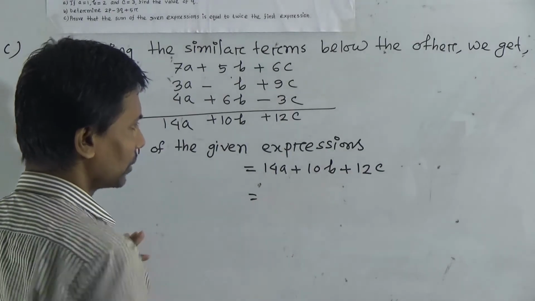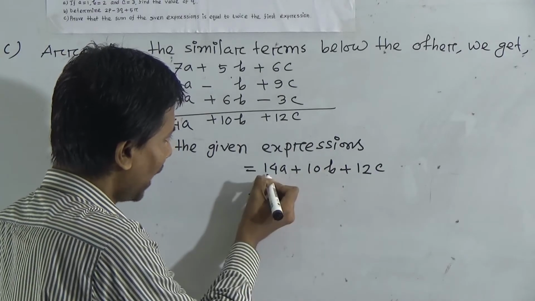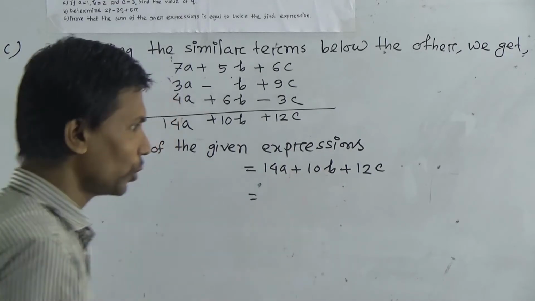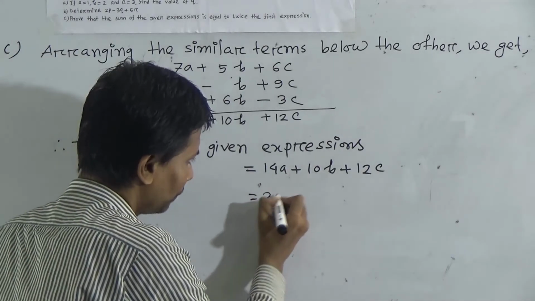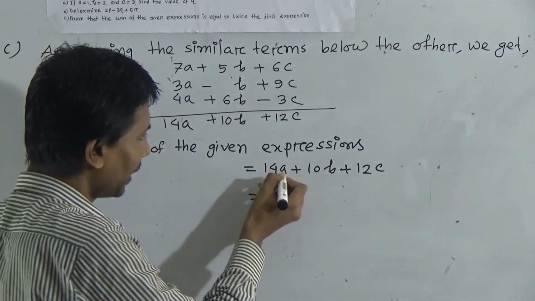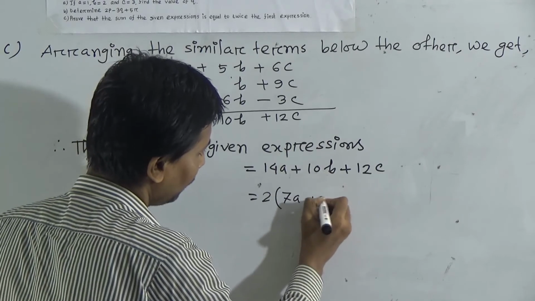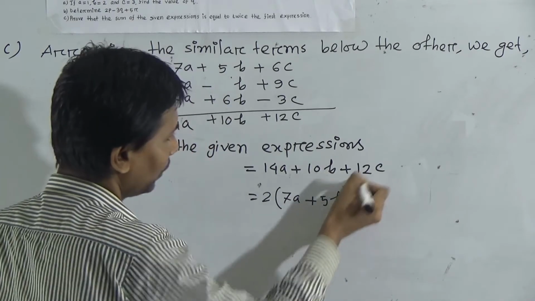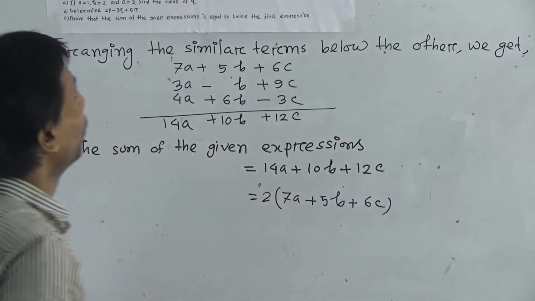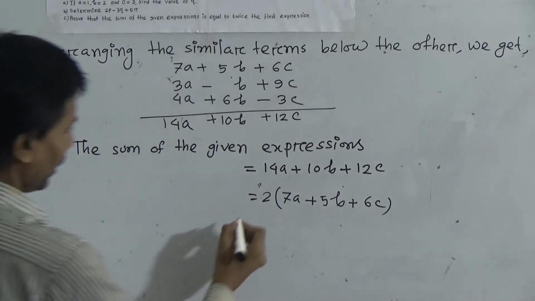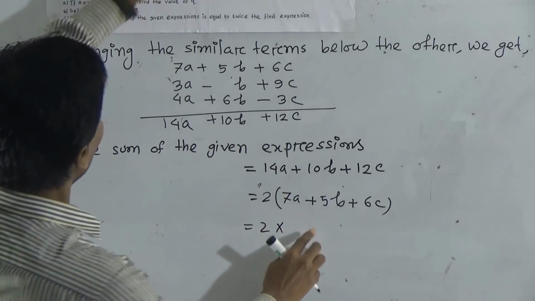Now you see here, this is divisible by 2, this is also divisible by 2, and 14 is also divisible by 2. So we take 2 common. If you divide 14a by 2, you get 7a, then 5b, then divide 12c by 2, you get 6c. Dear student, look carefully here.